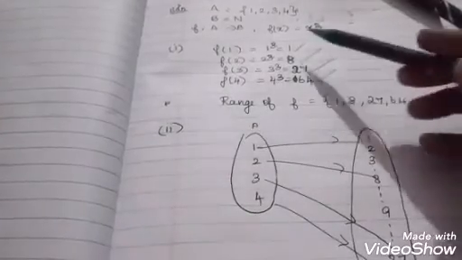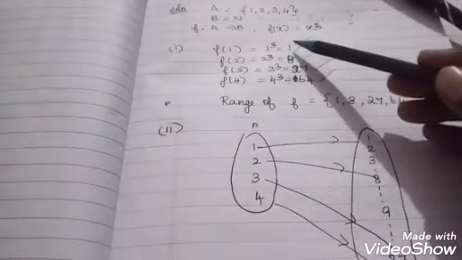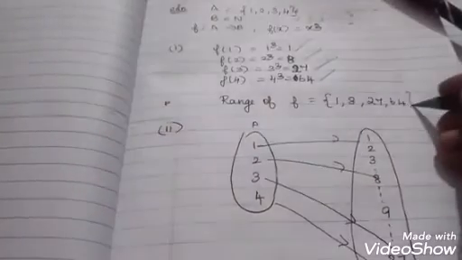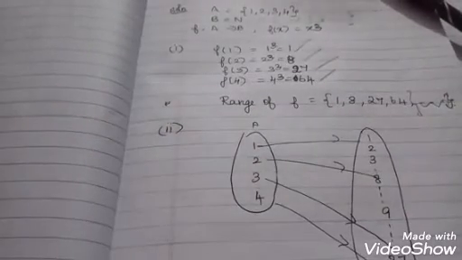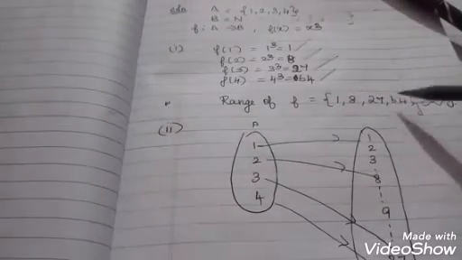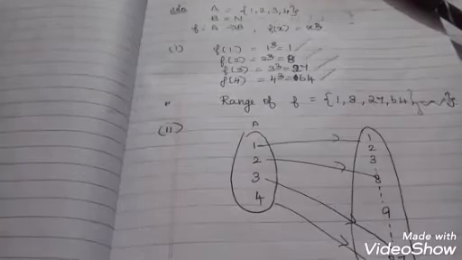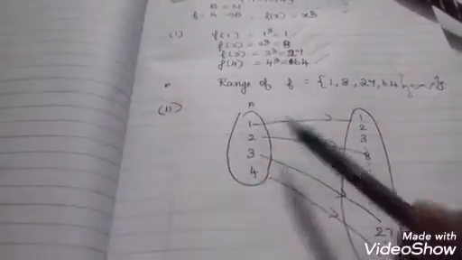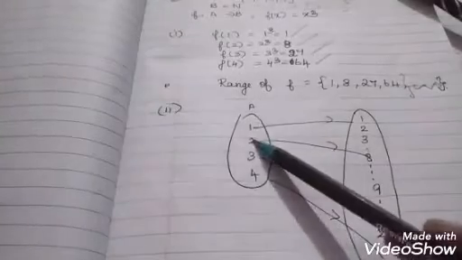So the range is 1, 8, 27 and 64. This is your range for all the values in the domain. Now, just take the set A here, 1, 2, 3 and 4.